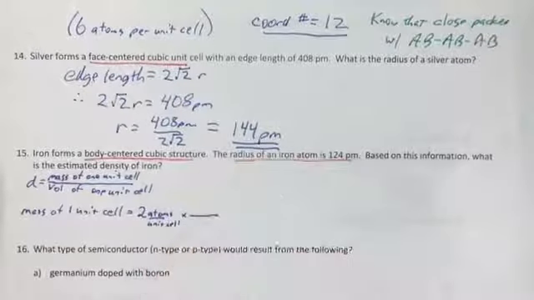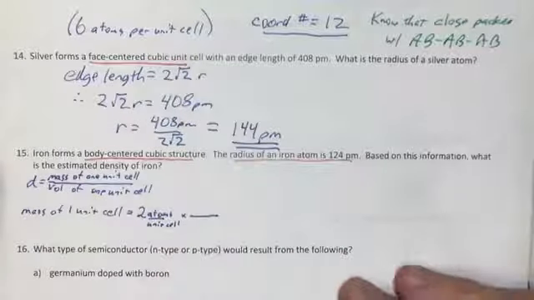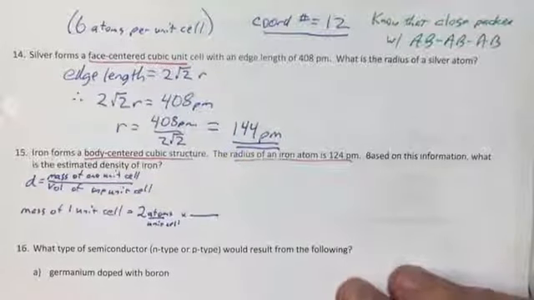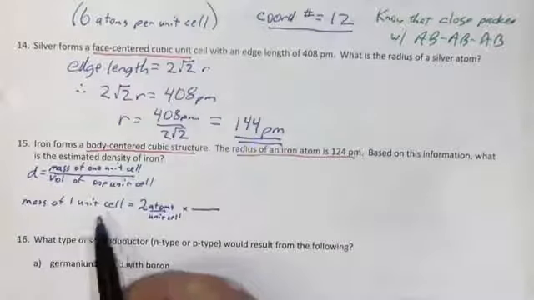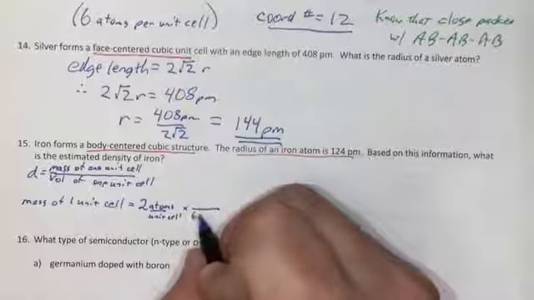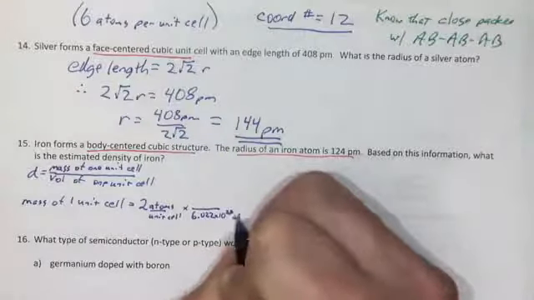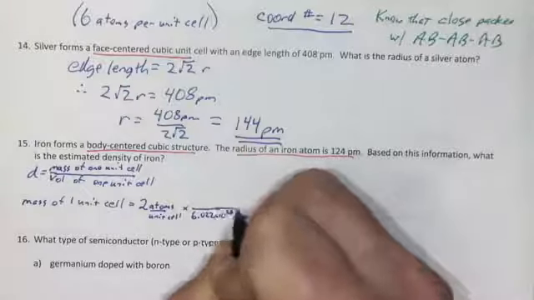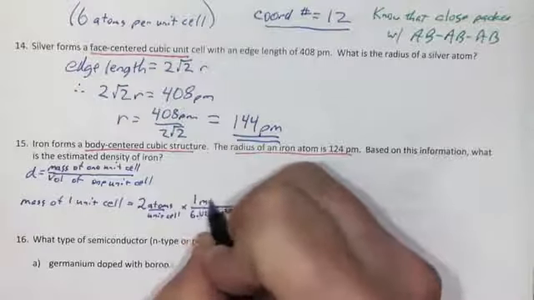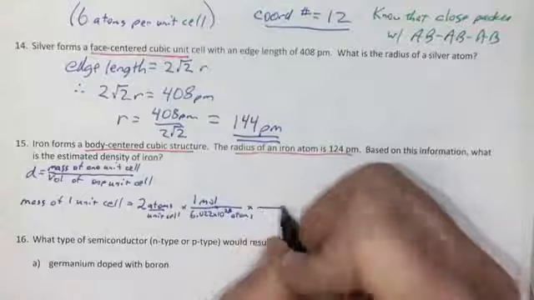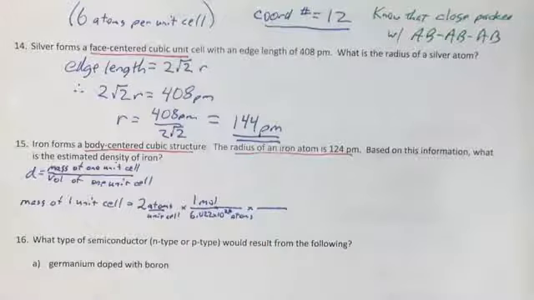Okay, I'm going to convert this to moles because I want to use the molar mass to get the mass of 1 unit cell. There's Avogadro's number, 6.022 times 10 to the 23rd atoms per 1 mole of atoms. And then I'm going to use the molar mass of iron from the periodic table.